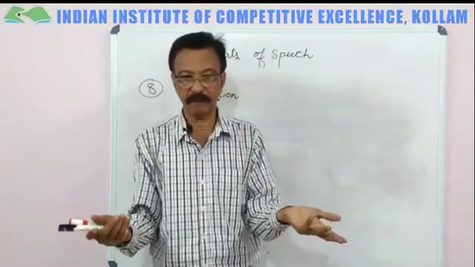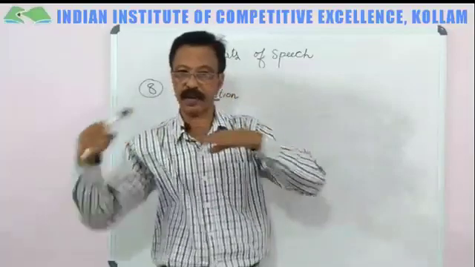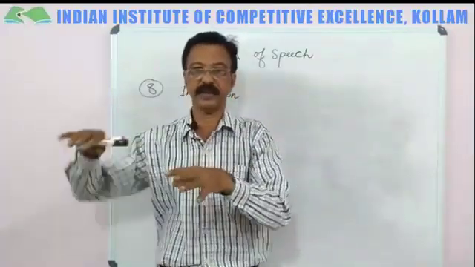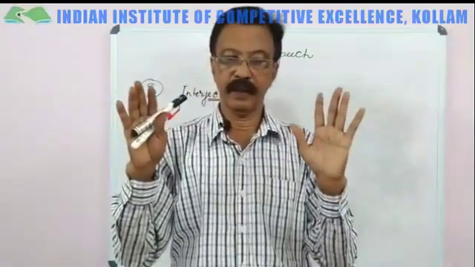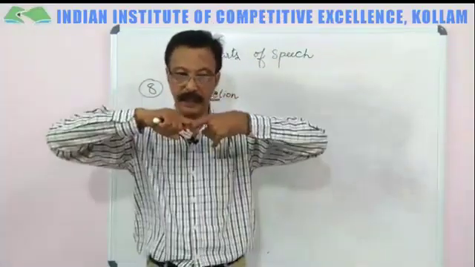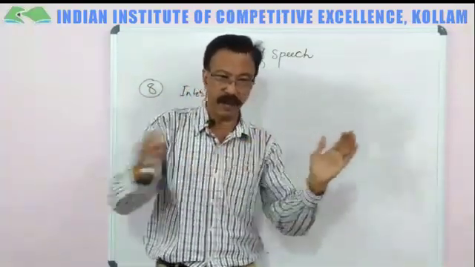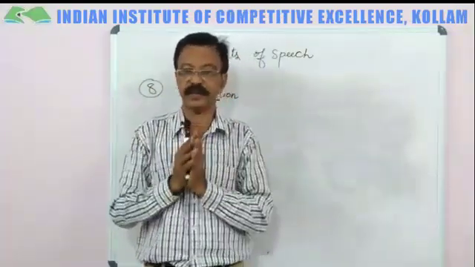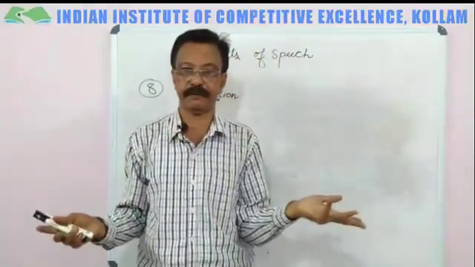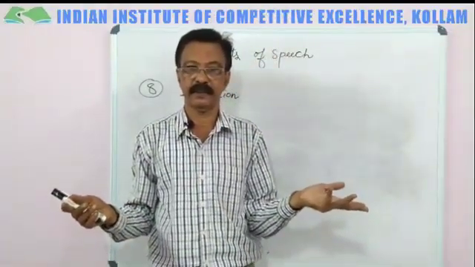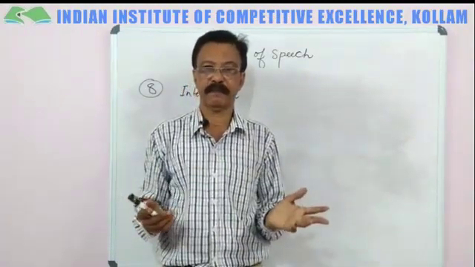Then preposition, it shows the relationship between the noun and a word or words in that sentence. Conjunction, it's a link, linking 2 parts or 2 ideas. Interjection is the expression of surprise or exclamatory expression.